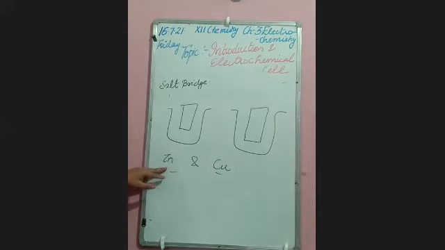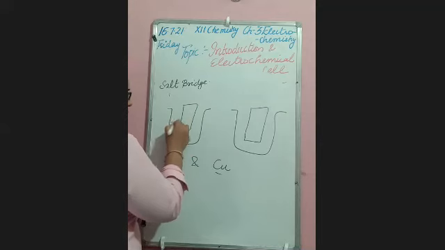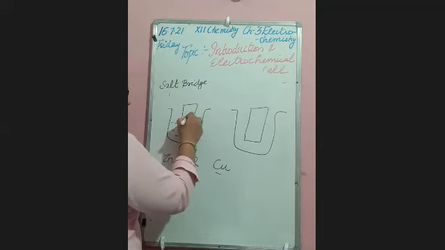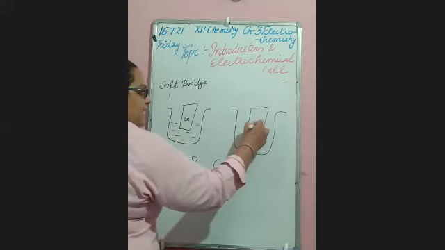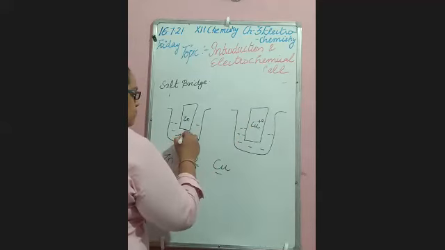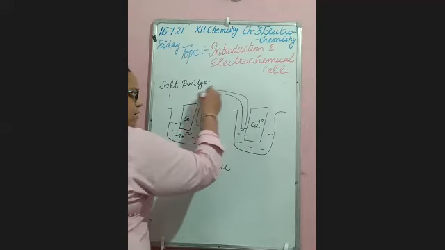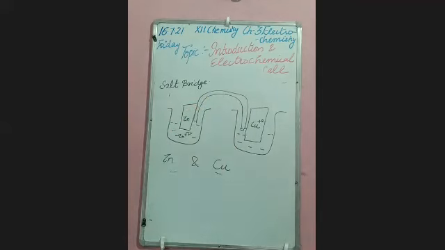As zinc is more reactive than copper, it will easily lose its electrons. In this, oxidation takes place and in this, reduction takes place. It connects one half cell to the other half cell. This is its first function.